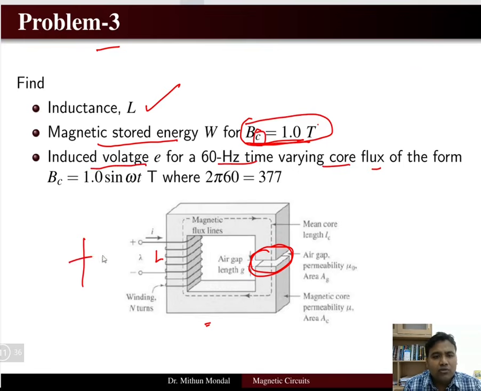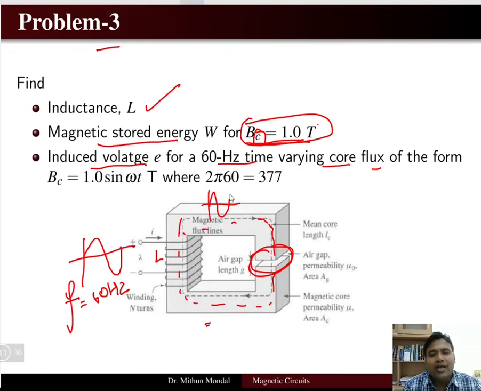So here if you give an AC supply of frequency 60 hertz, then the flux that is established in the core will also be alternating, varying at 60 hertz.